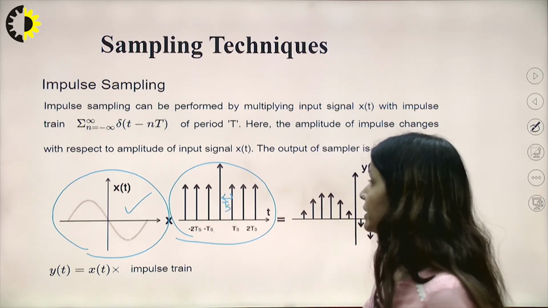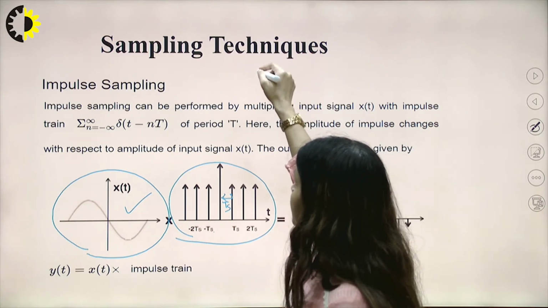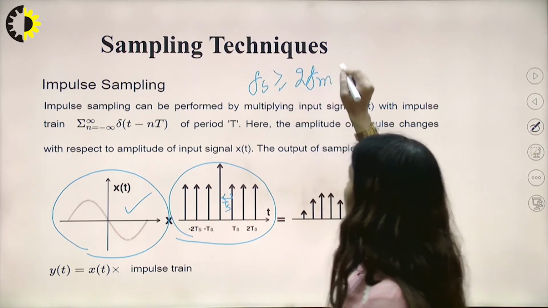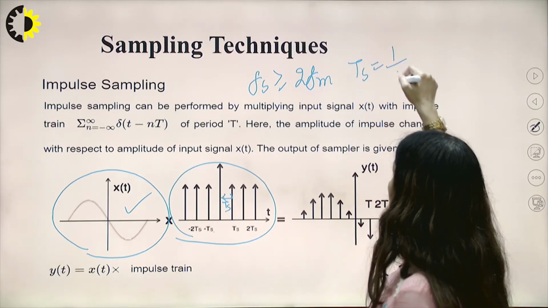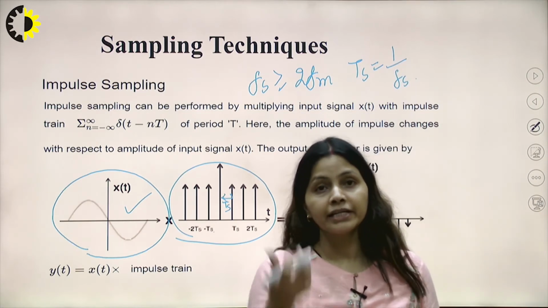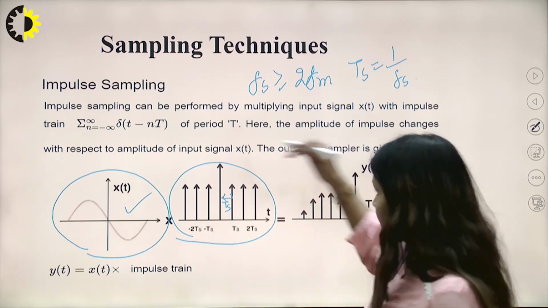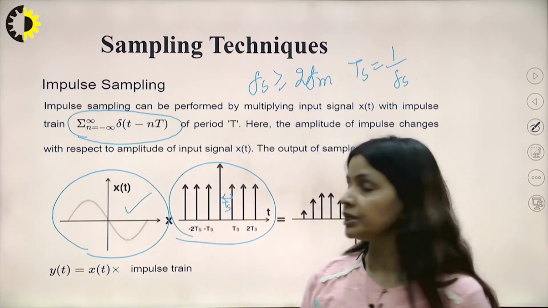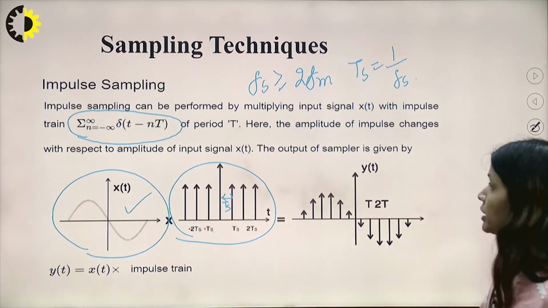I calculate it using the Nyquist criteria, which says fs should be greater than twice fm, and Ts would be 1 upon fs. So this is how we calculate the gap between two samples, and hence we take the impulse train, summation n equal to minus infinity to plus infinity of delta of t minus nTs, where the period is Ts.